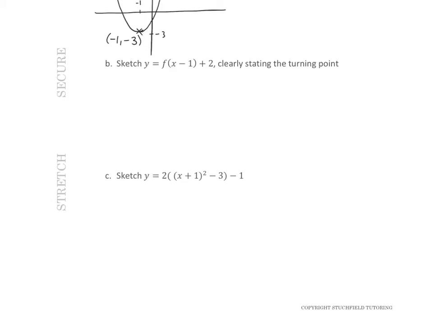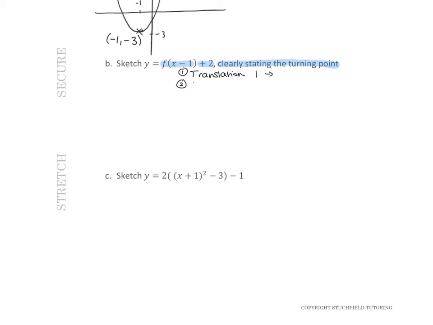Okay, B says sketch y equals f of x minus 1 plus 2, clearly stating the turning point. So what we've got is inside the brackets first, so number 1, we have a translation 1 unit to the right in the x direction.